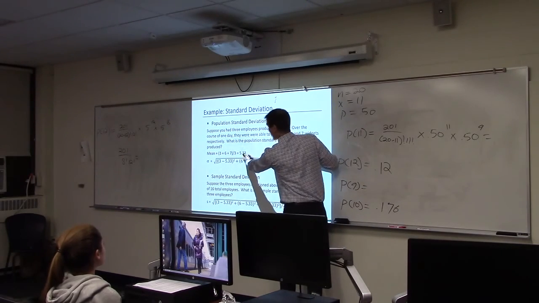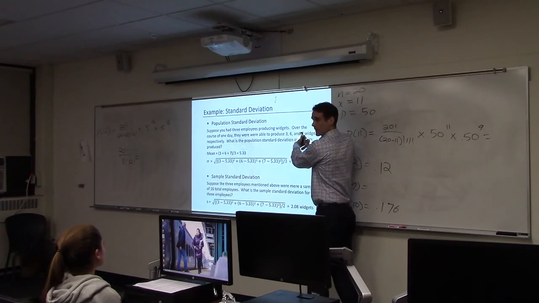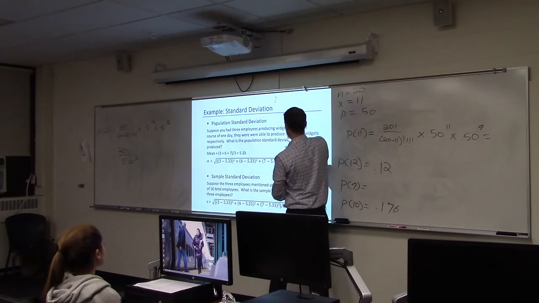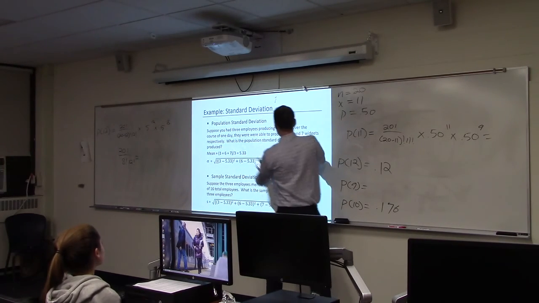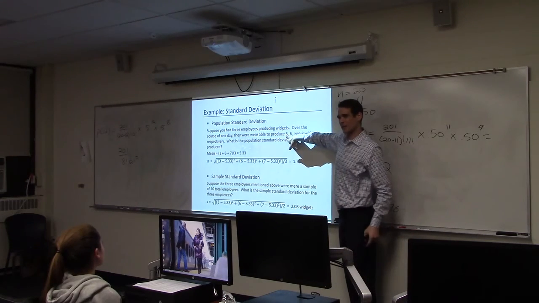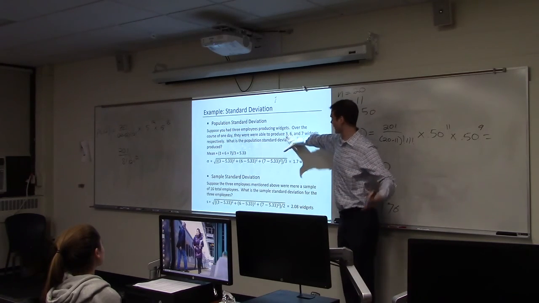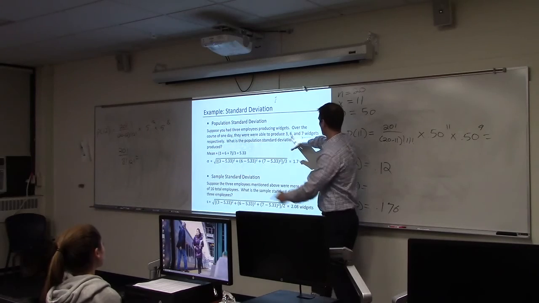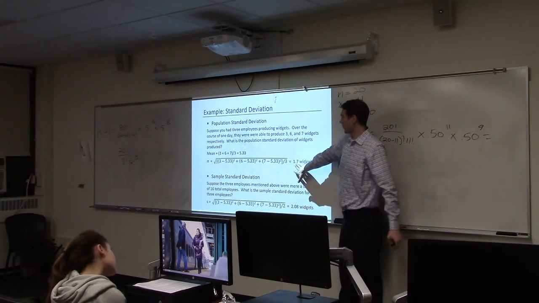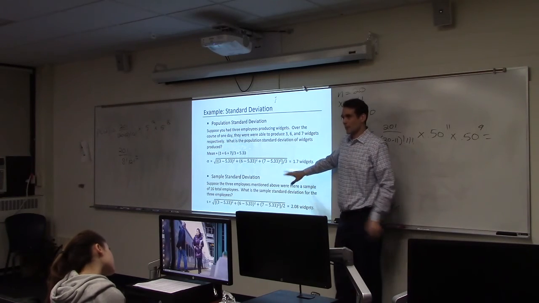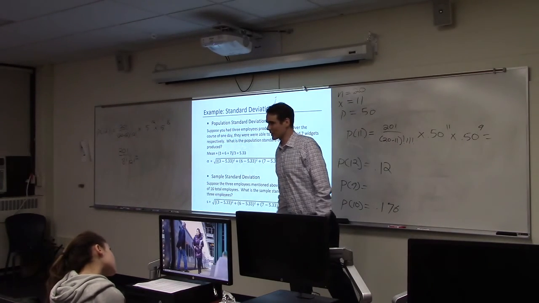The difference between 5.3 and 7 is 1.7. The difference between the amount Danielle produced, 3, and 5.3, that's 2.3. So that's a little bit more than 1.7. But then the amount Kristen produced is only 0.7 difference from the mean. So about 1.7 is the standard deviation of the widgets they produce.